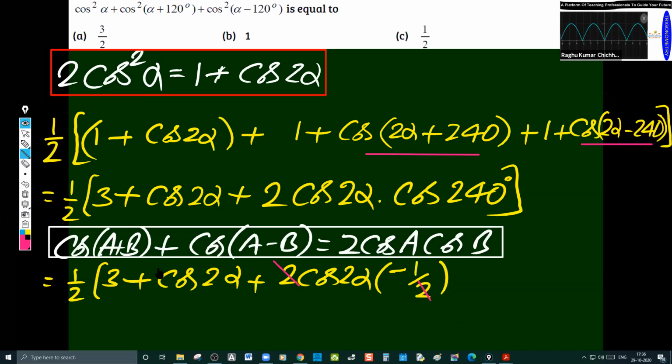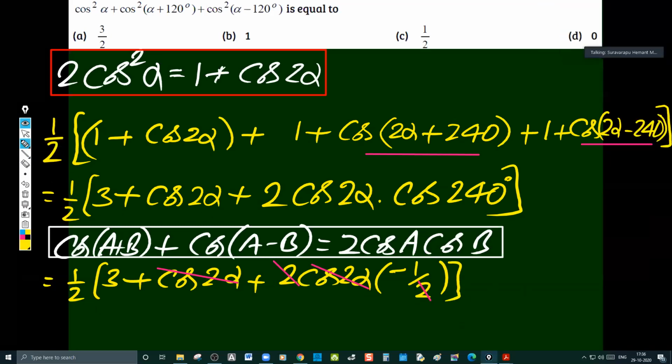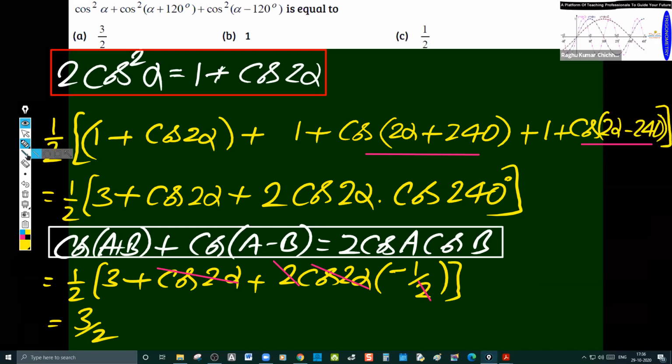And you can see even cos 2 alpha minus cos 2 alpha also getting cancelled. And what should be your final result? 3 by 2. That's it. When you work out like this, your basics, your fundamentals will be strong.